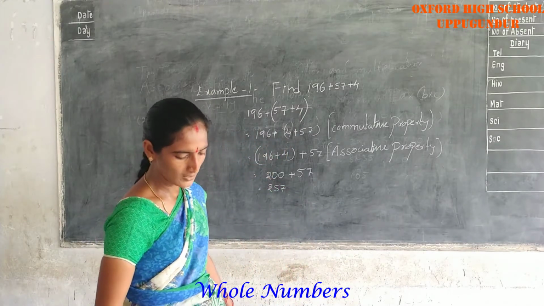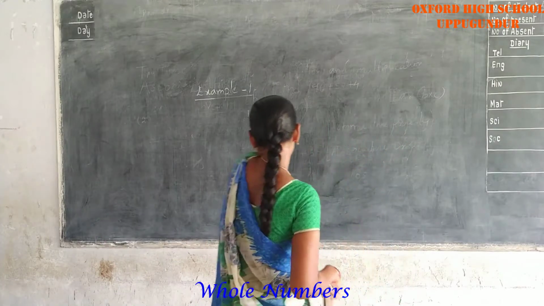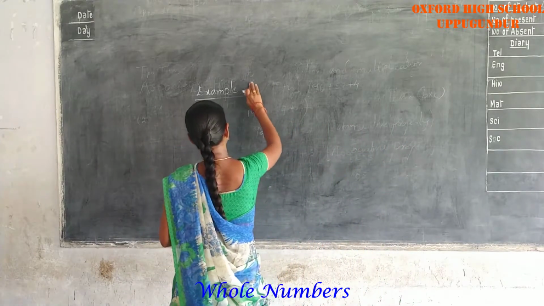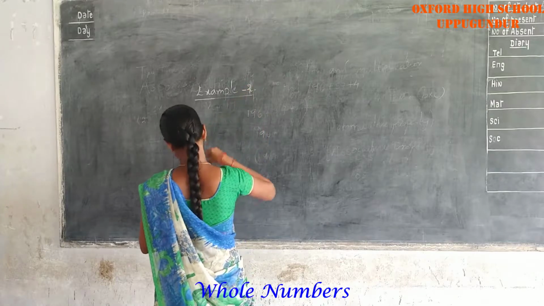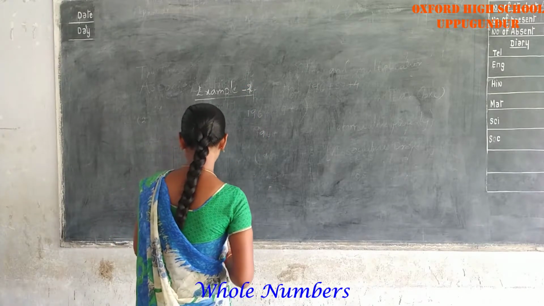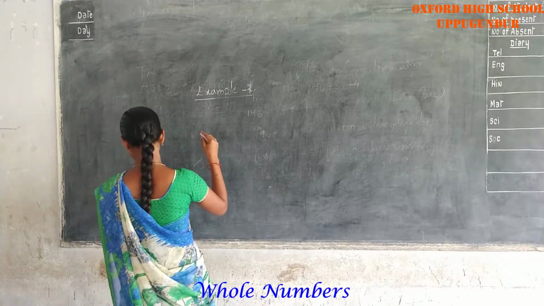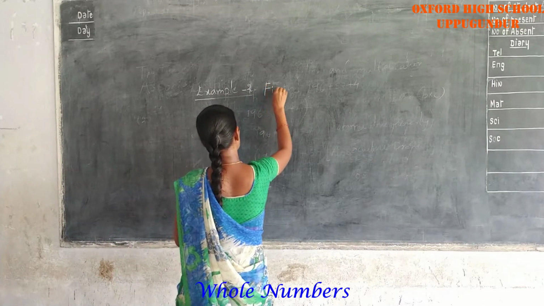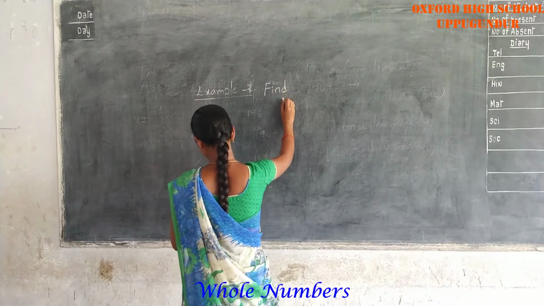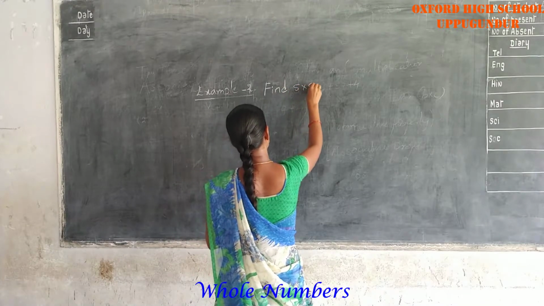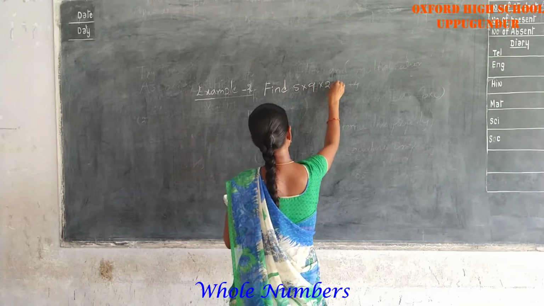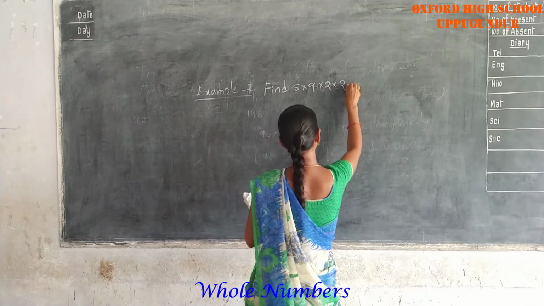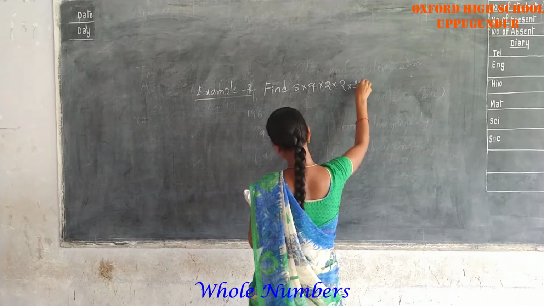Next, example 2. Find 5 into 9 into 2 into 2 into 3 into 5.